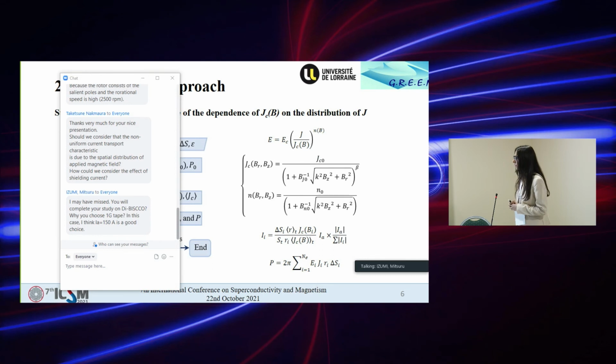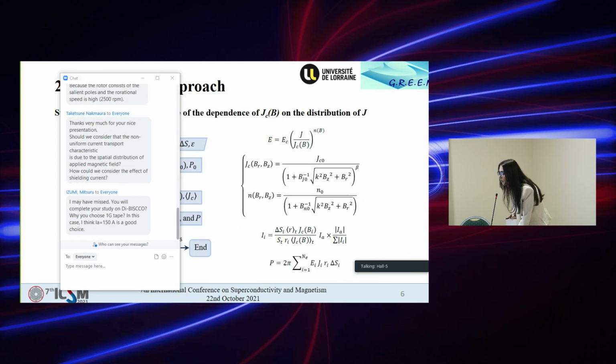So for practical reasons, maybe it depends on how to use, but what is your target for your application? What is the final destination for your application target? Is it just a coil, or motor, generator, or what is the final application you are looking for?